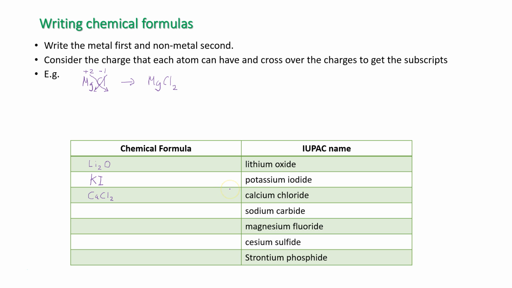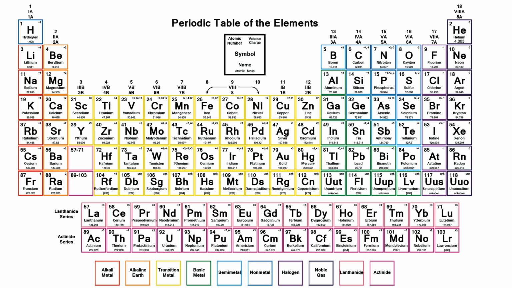If I go back to the periodic table and look at carbon, it says that carbon can have a charge of +4 or a charge of -4. So in this case, since sodium has a charge of +1, carbon will have to have a negative charge, so it's going to have a charge of -4.